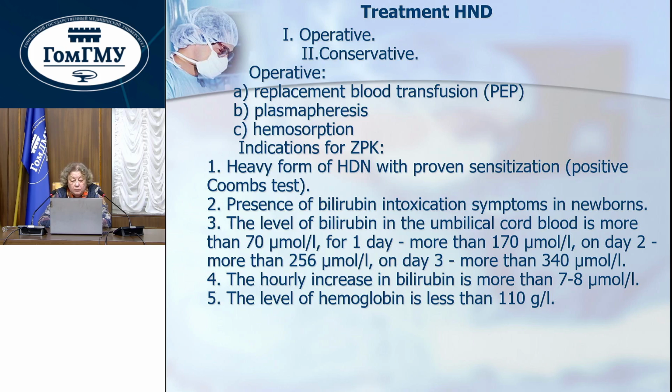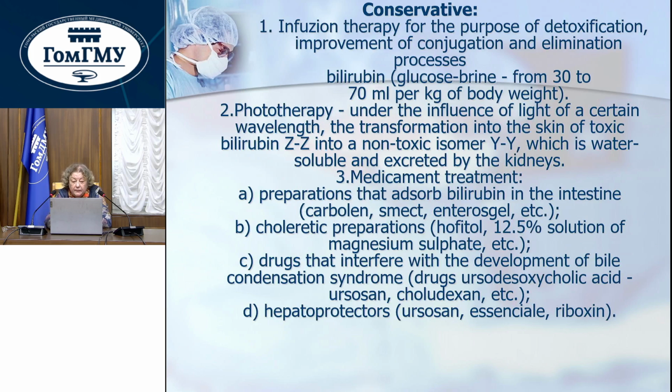On the second day, more than 256 micromolar per liter. The hourly increase of bilirubin is more than about 8 or 9 micromolar per liter in hour. The level of hemoglobin is less than 110 grams per liter.